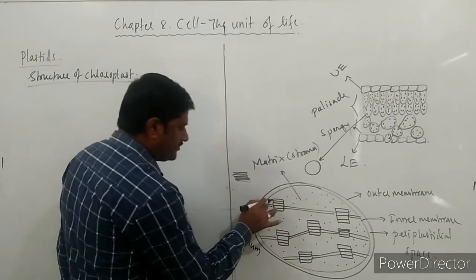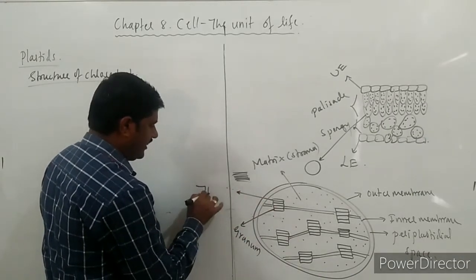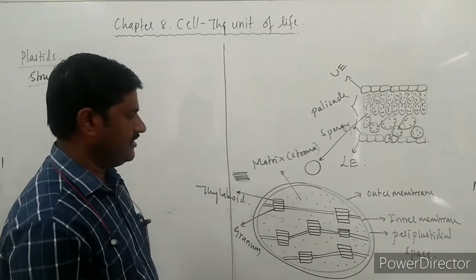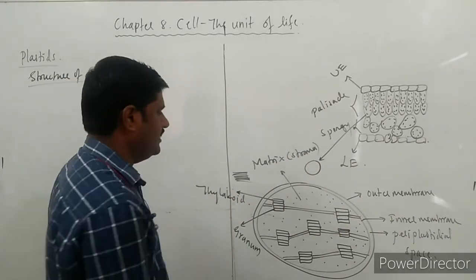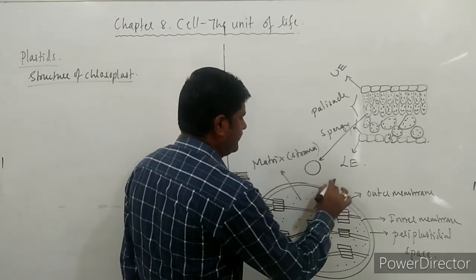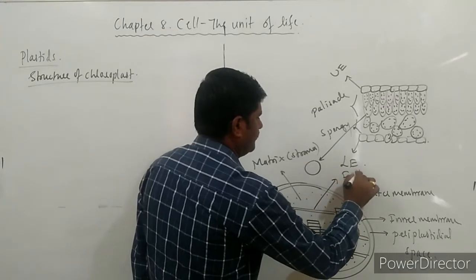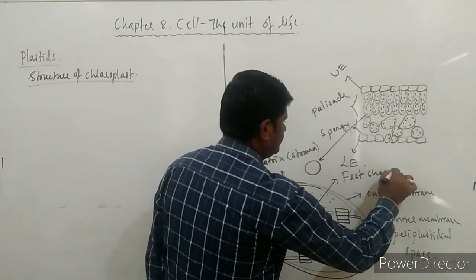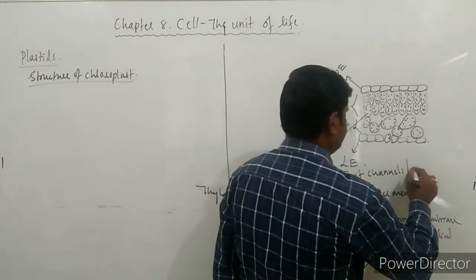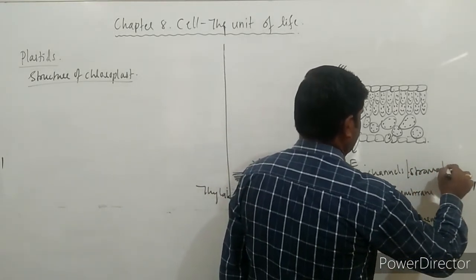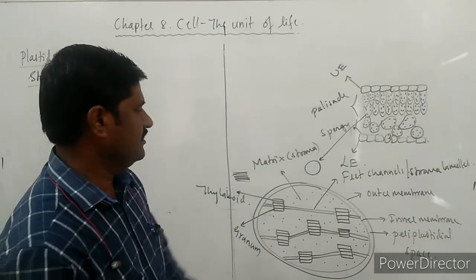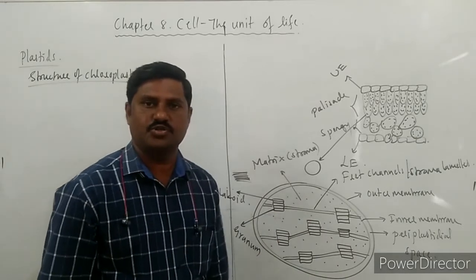And each sac-like structure is called thylakoid, and these granum are connected with the help of channels called fret channels or stroma lamellae. So these are fret channels or stroma lamellae.